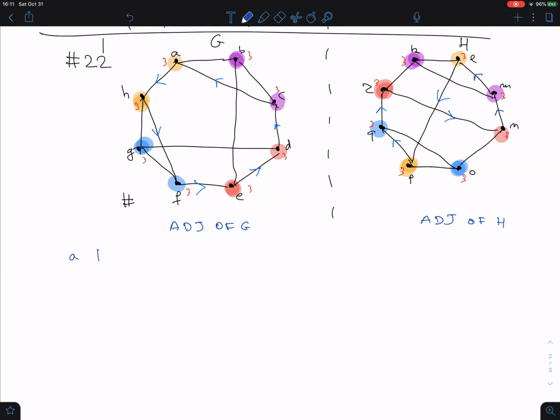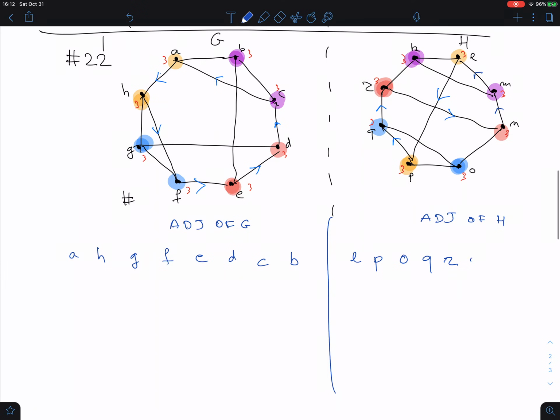So A, H, G, F, E, D, C, B. Okay, what corresponds there? Now be careful, I cannot do the same thing here because this is different. To A corresponds L, so L has to go here. To H corresponds P. To the double blue corresponds O. To the single blue corresponds Q. To the double red corresponds R. See how nice the colors are now?